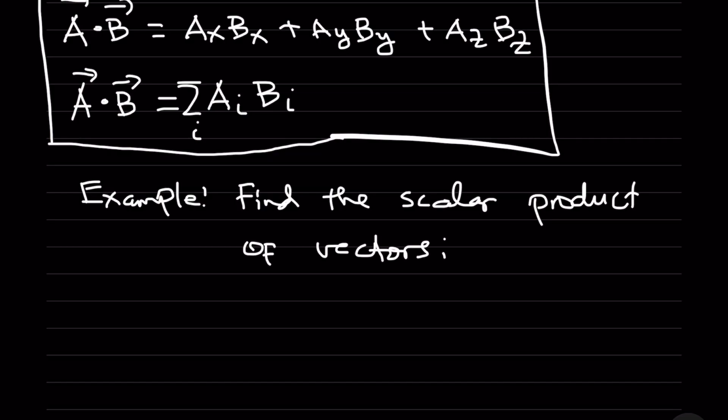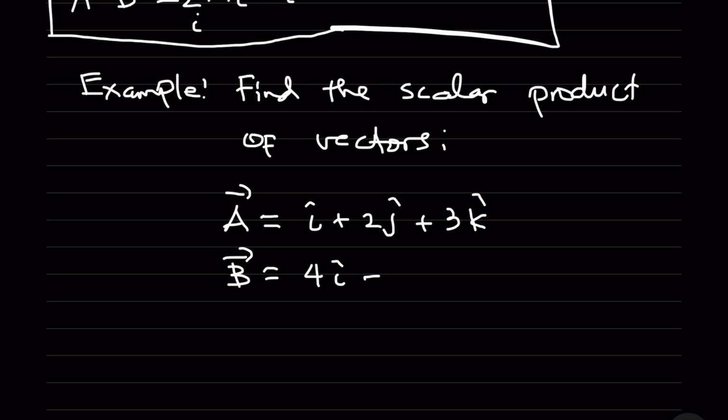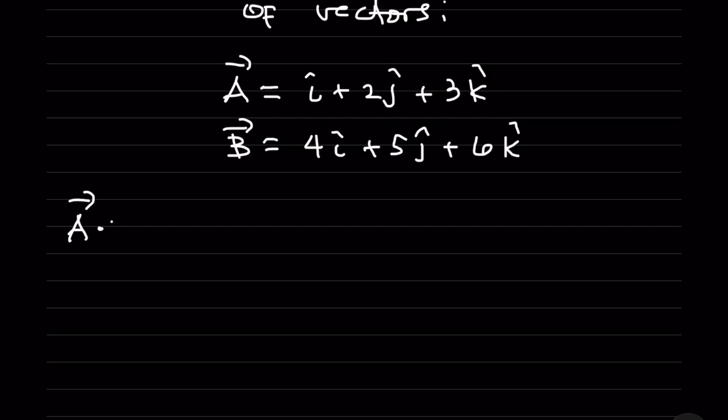For example, find the scalar product of two vectors. Vector A is equal to i hat plus 2j hat plus 3k hat, while vector B is 4i hat plus 5j hat plus 6k hat.